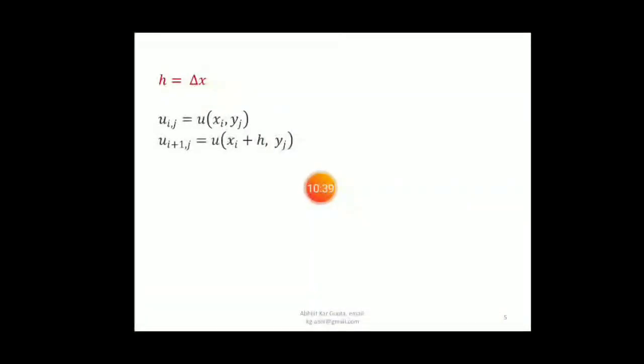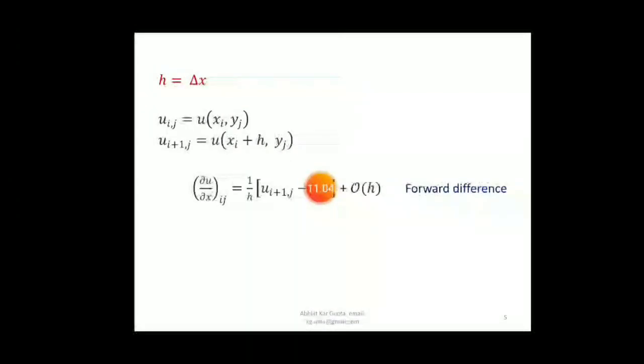So the effect is that if you write in this symbolic form, your index in the x direction is increased by 1. So you have discretized the formulas so that you go one discretized step in the x direction and also in the y direction. That's how we write u ij and u i plus 1, j.